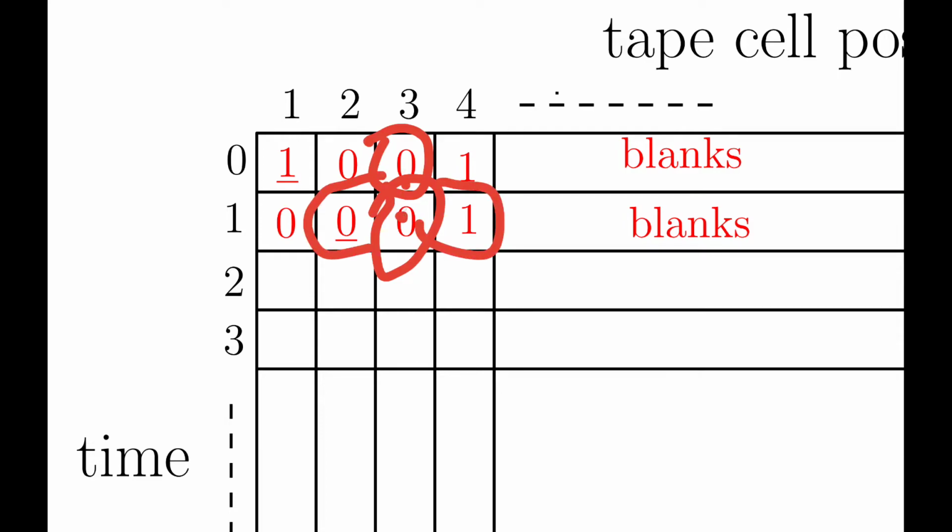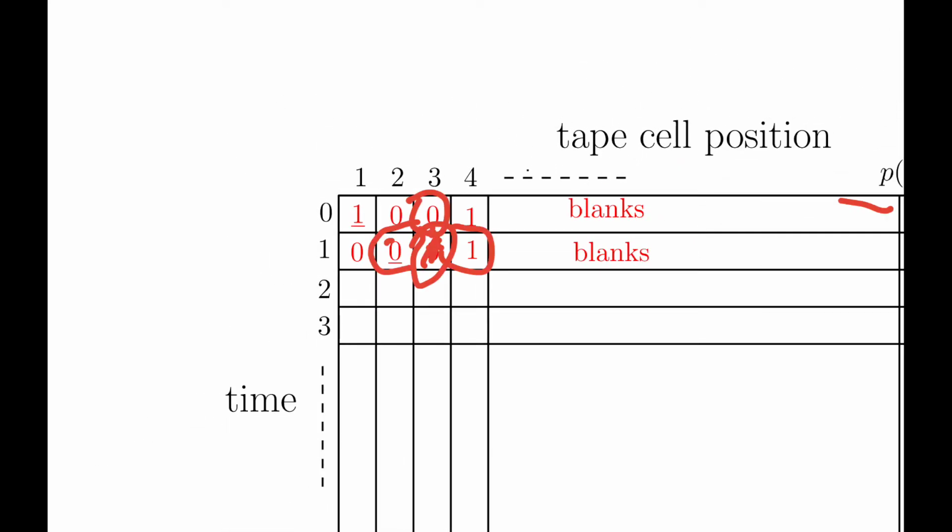The location below it means just what is the value of this tape cell after we do this step. And the left and the right are affected because the head might be moving to these locations. So really, those rows are just copies of each other where you copy them and then you make tiny local modifications.